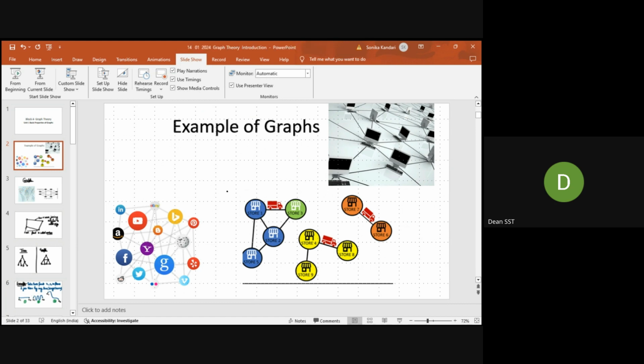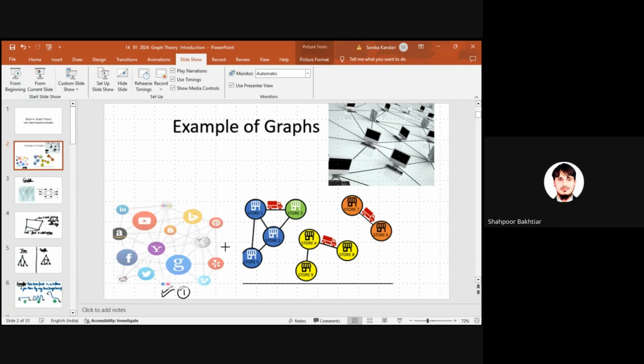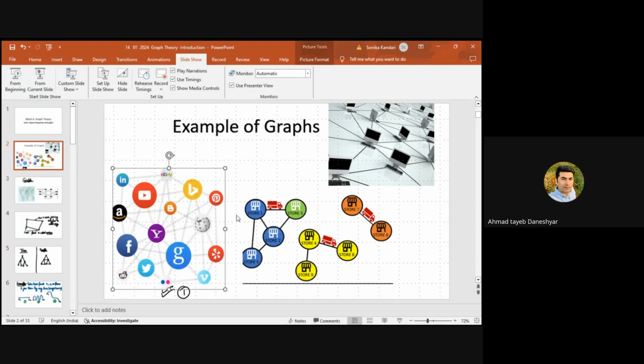Are you able to view this diagram on the left hand side, figure number 1? Yes, ma'am, it can be viewed, but it's very small. Okay, it is very small. That could be, with zoom. Yes, it is good now.